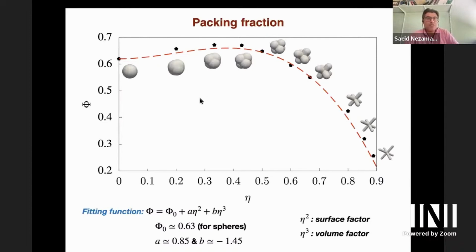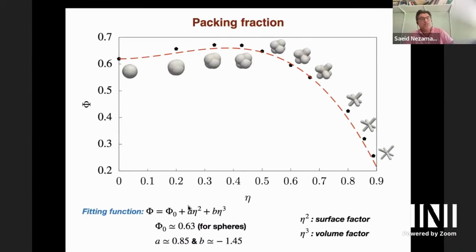It is remarkable that this non-monotonic evolution of phi with eta can be fitted by a third order polynomial, as you can see here, involving two terms: eta squared with a positive coefficient, and eta cubed with a negative coefficient.